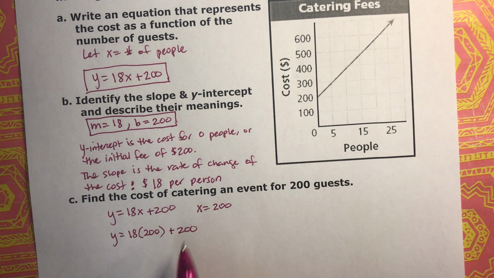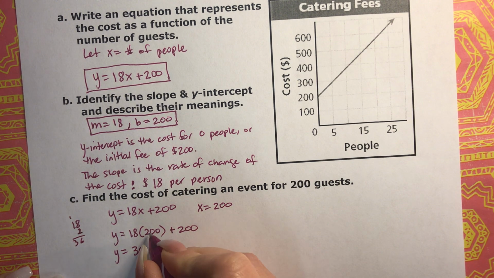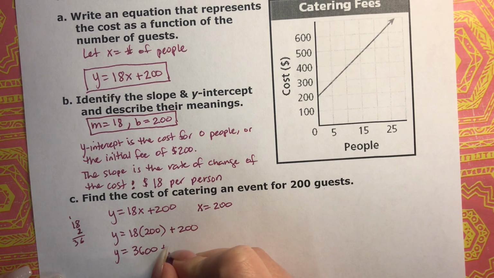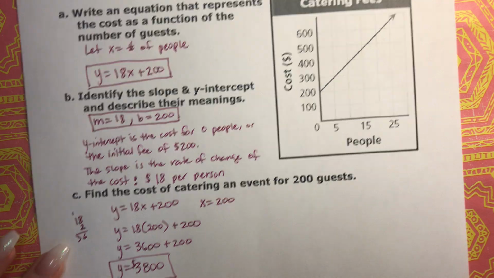If you have 18 times 200, it's the same thing as 18 times 2, and then you just add 2 zeros on the end. So 18 times 2 is 36. Then we add the 2 zeros on the end. So it's 3,600 plus 200, which ends up being $3,800. That is a lot of money.